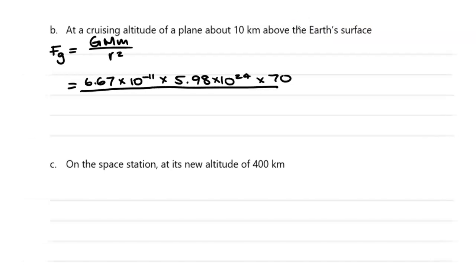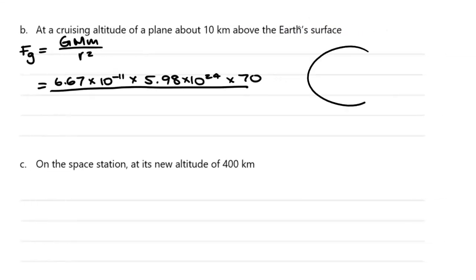But now that radius has changed. We've got the radius of the Earth that we had before, but now we need to add on 10 kilometers, and that's 10 by 10 to the 3 meters. And that total distance r is the one that we want. You could do a separate calculation on the side of your page, but I like to just do it in here.